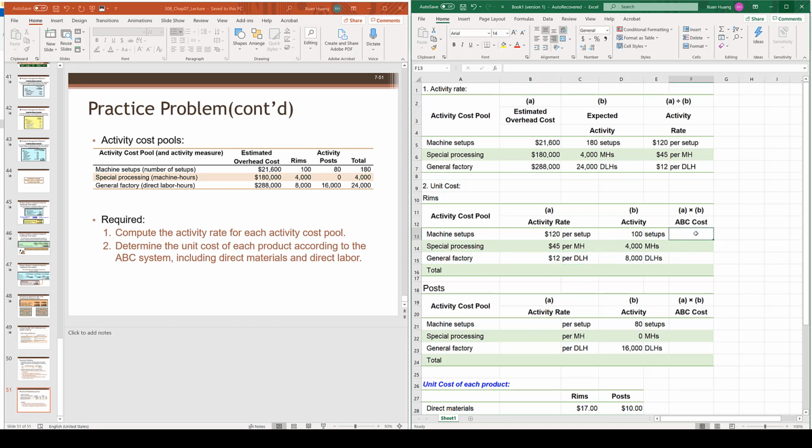And then for each activity cost pool, we calculate assigned cost. We use the activity rate multiplied by the actual level of activity. It's 12,000. Then we do the same thing for special processing and general factory.